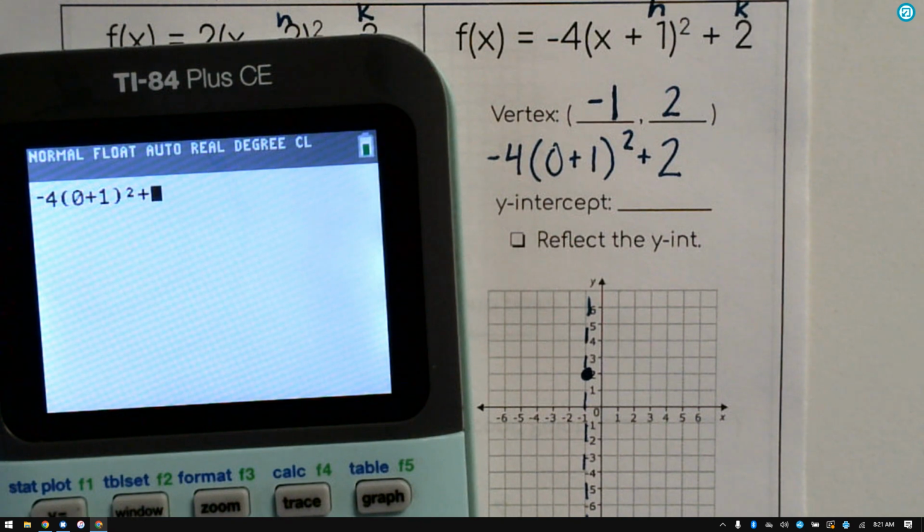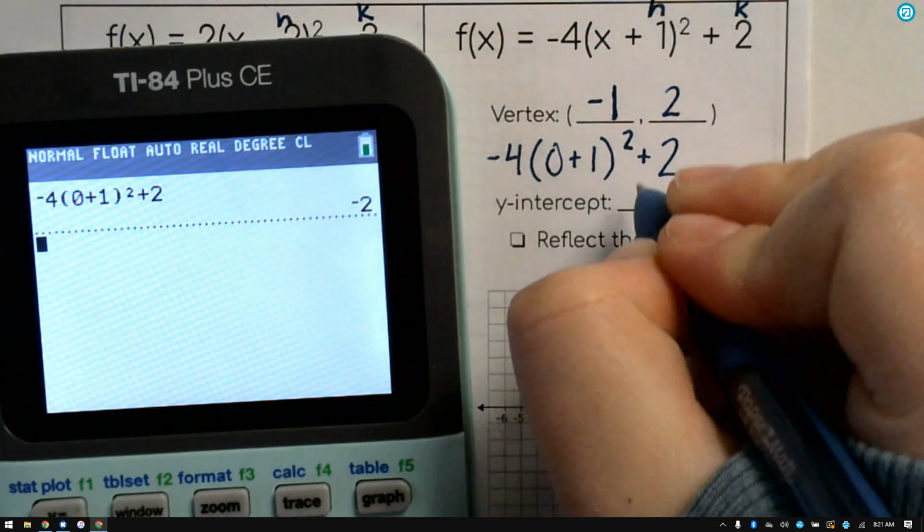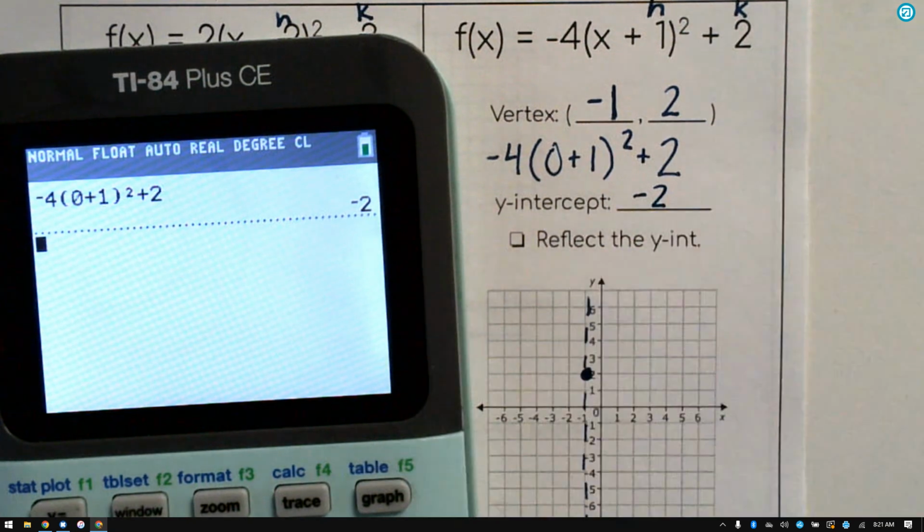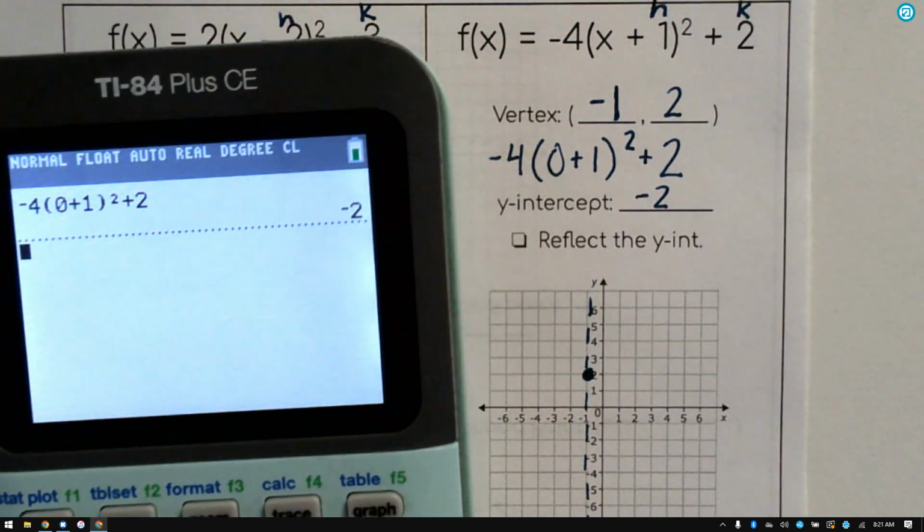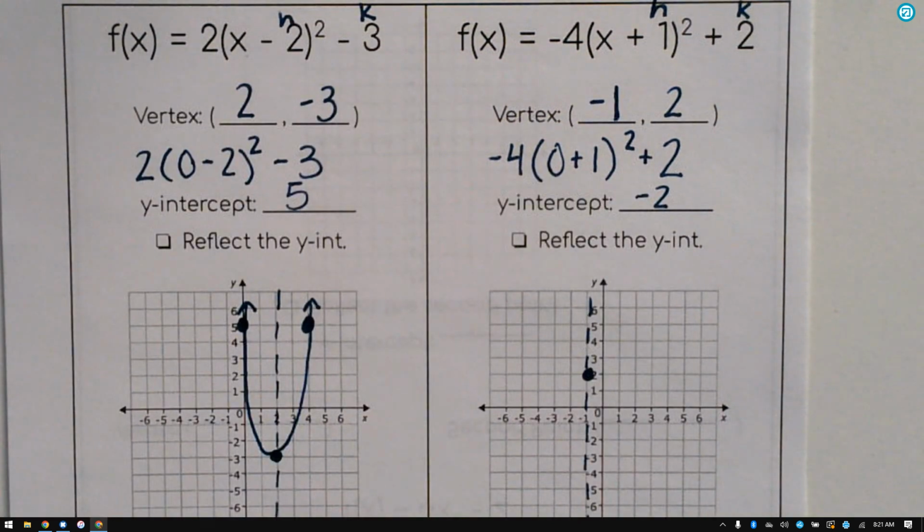And then after that, I will have a plus 2. And I get a y-intercept of -2. Okay. Any questions on finding that y-intercept?